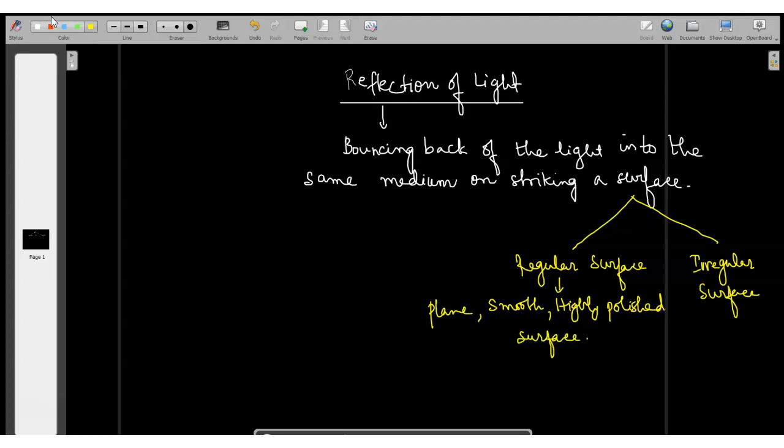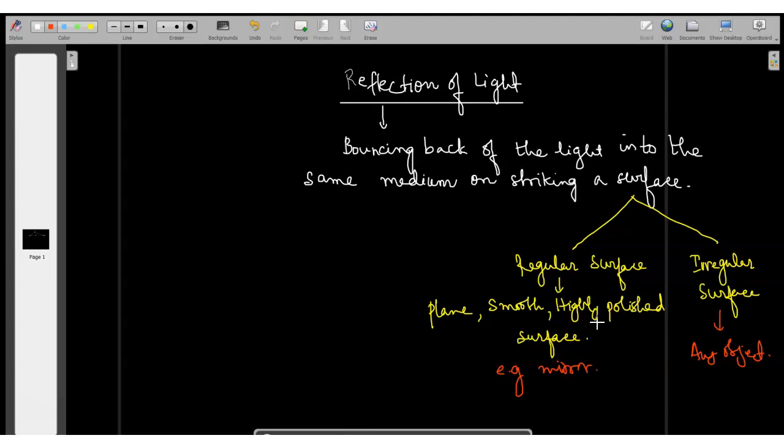Okay, something like a mirror. And when we talk about irregular surface, it can be any surface that you see, any object that you see around you. They may not be plain, they may not be smooth, they may not be highly polished. So any object can be an irregular surface.